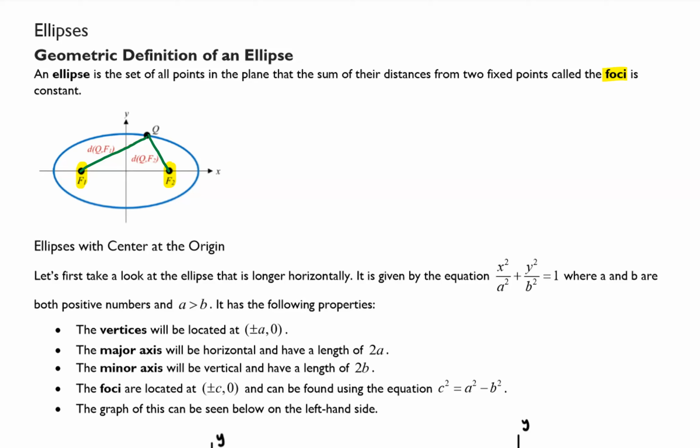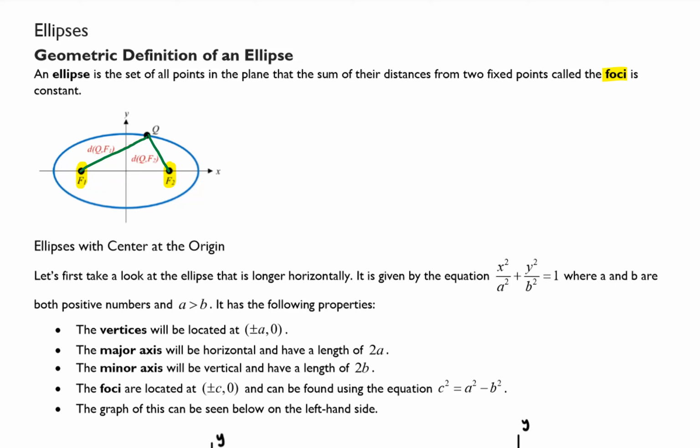So the sum of these line segment lengths should be the same as if I went here on the ellipse and added this distance plus this distance, or if I went here and added this distance plus that distance, assuming that my line segment is straight. Those should be equal.